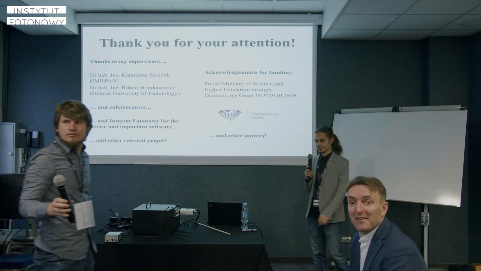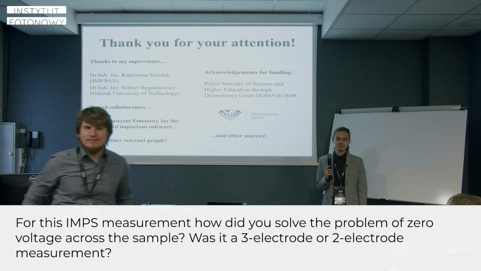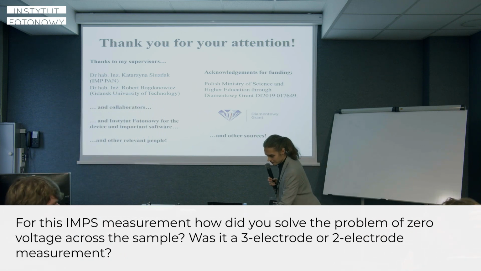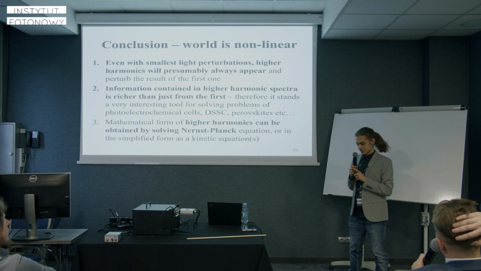I would like to ask you: for this IMPS measurement, how did you solve the problem of zero voltage across the sample? Was it a 3 electrode or 2 electrode measurement? This is very important.